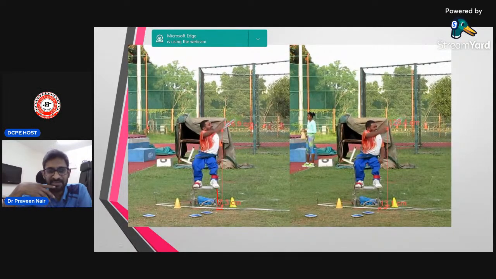If you want to accurately track that, as I mentioned earlier, it depends on the speed of the implement, the speed of the movement, or the speed of the object. So you need a higher frame rate camera, like a 1000 frames per second camera. Right now, in our lab, we have procured a Sony FDR-AX700.